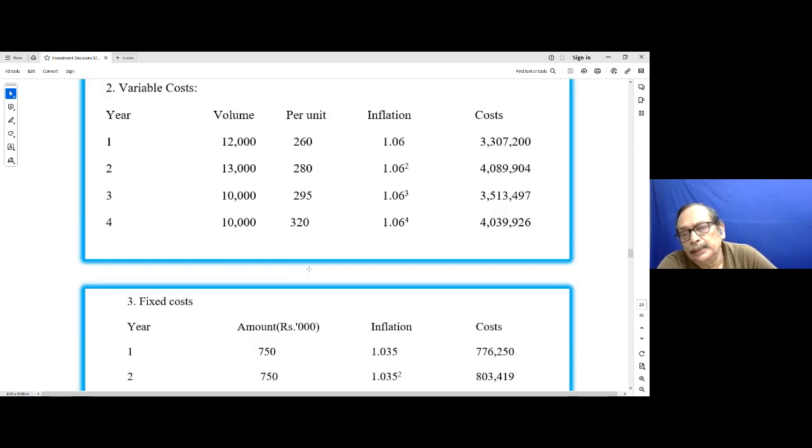In the third year, 10,000, per unit is 295, 1.06 to the power 3, it comes to 3513497. In the fourth year, volume of 10,000, that is 320, inflation 1.06 to the power 4, it comes to 4039926.